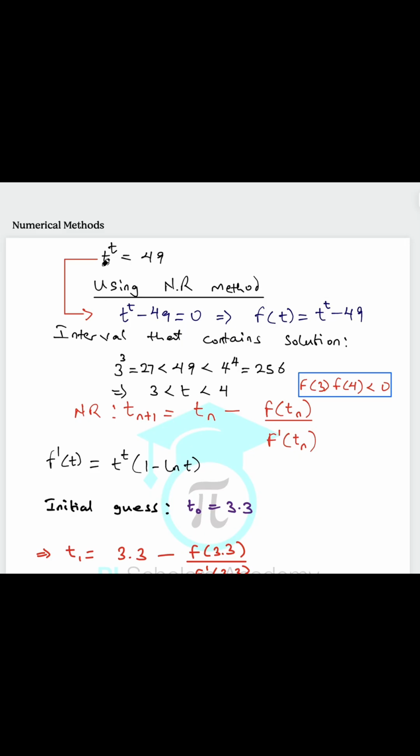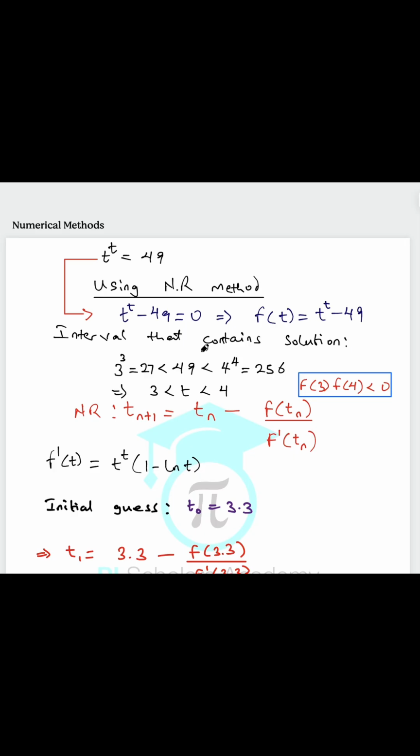But the moment you move to 4 and you put 4 to the fourth, that is 256, which is greater than 49. That implies that we have skipped the solution between 3 and 4. So between 3 and 4 is a great interval to contain the solution.